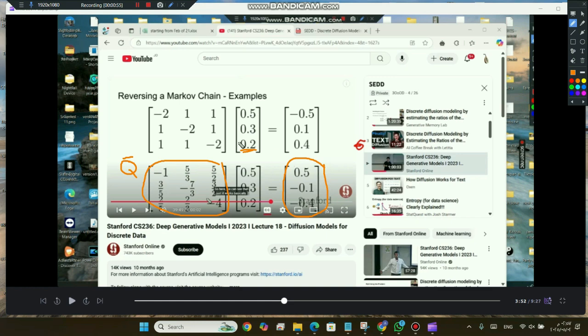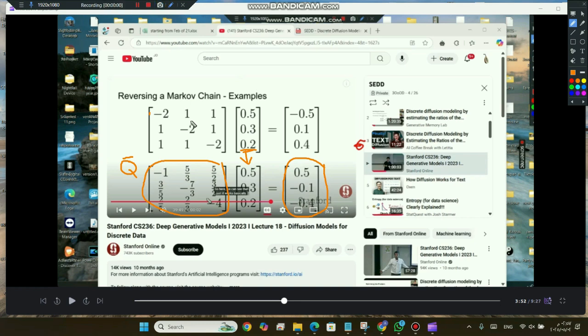Over here, we multiplied the Q by this vector and we got this. Now, there is a certain matrix, which is the Q inverse, which if you multiply by this same vector, you will get the exact opposite vector. So instead of minus 0.5, we got 0.5. Instead of 0.1, we got minus 0.1. Instead of 0.4, we got minus 0.4.